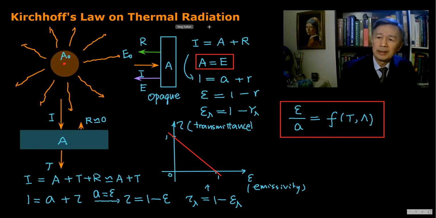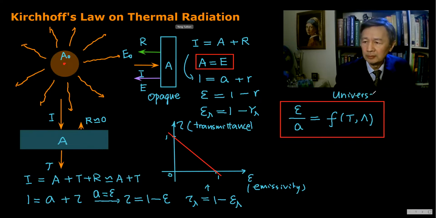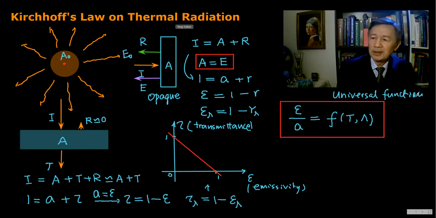And in his statement, if you look at the original paper, this function is called the universal function, which implies it is independent of the material, the property of the material, and the geometry of the material. So Kirchhoff's law didn't talk about a particular material or a particular shape of material.